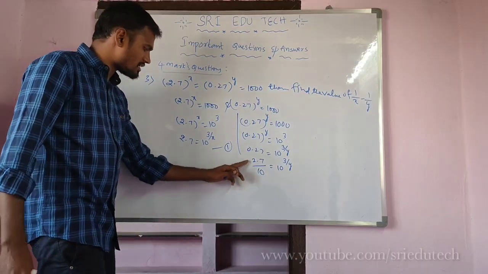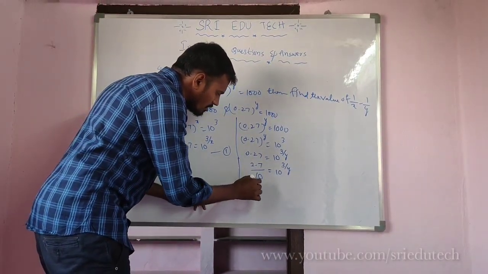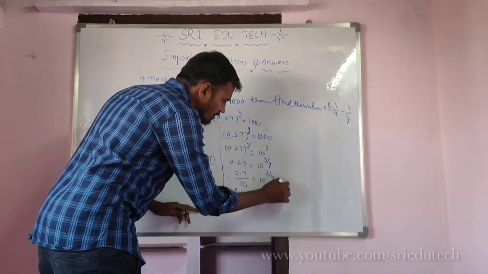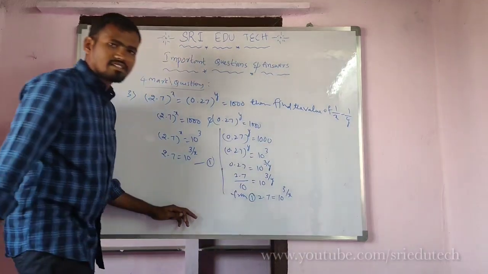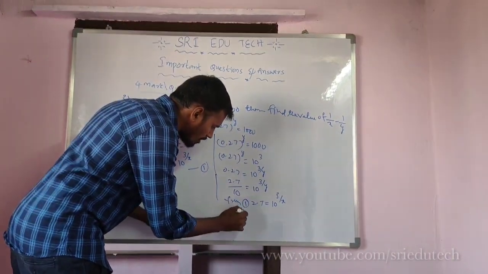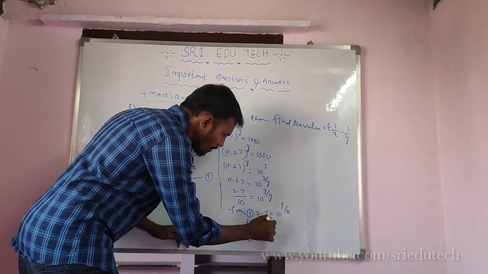You know already 2.7 value from equation number 1. From 1, 2.7 is equal to 10 to the power of 3 by x. Right? See, 10 to the power of 3 by x by 10 is equal to 10 to the power of 3 by y.